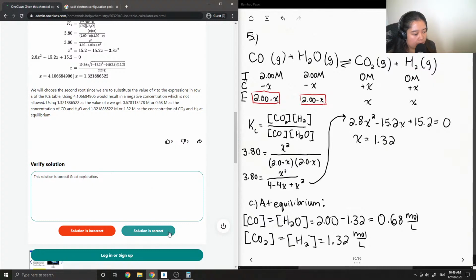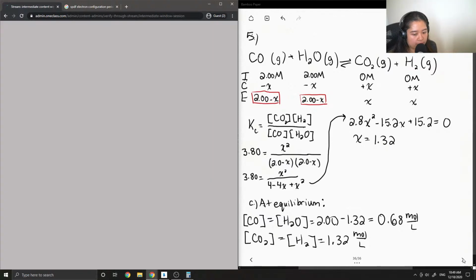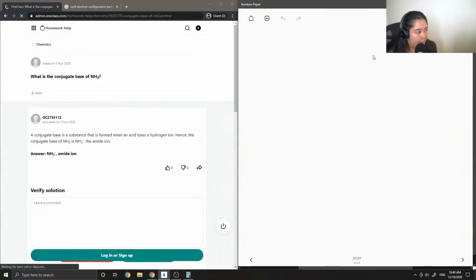Okay, so now let's move on to question number 6. What is the conjugate base of NH3?